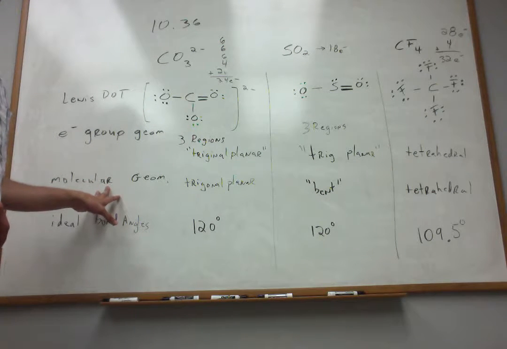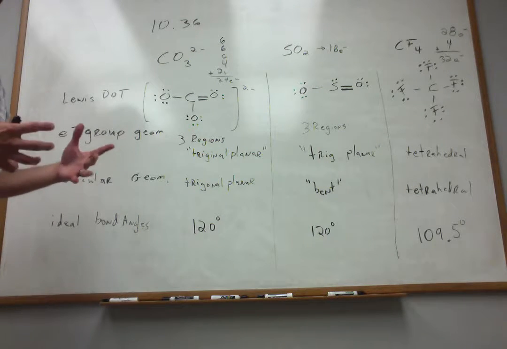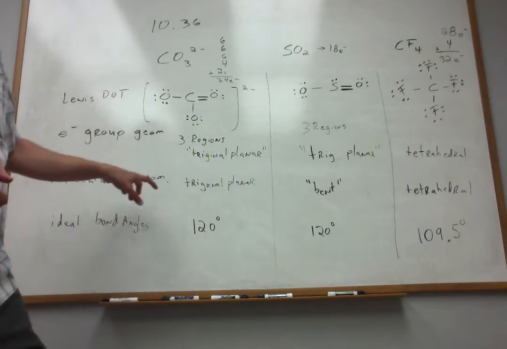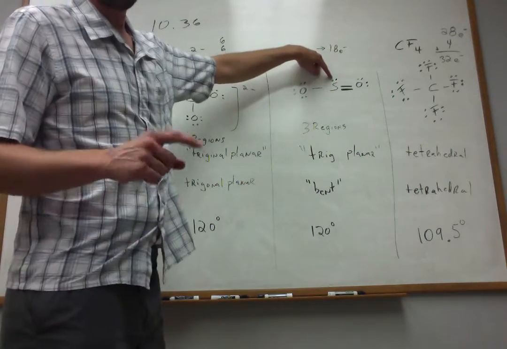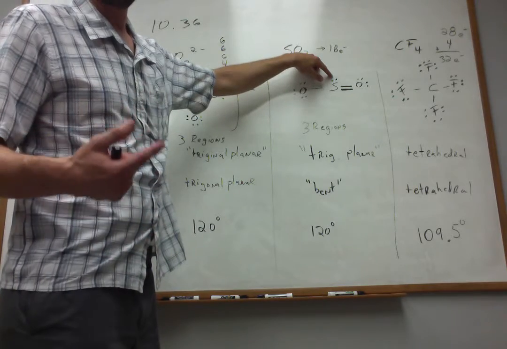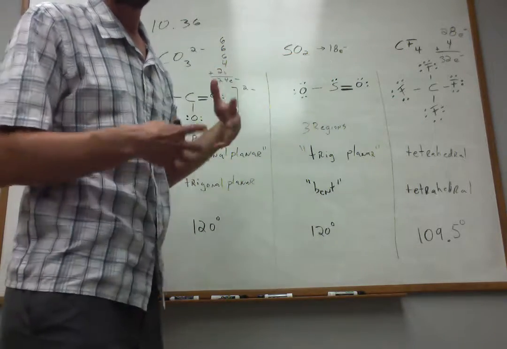Now for molecular geometry, the key is you have to remember that only the atoms count in describing the shape. When we talk about molecular geometry, the lone pairs may influence the shape, but they don't go into describing the shape.